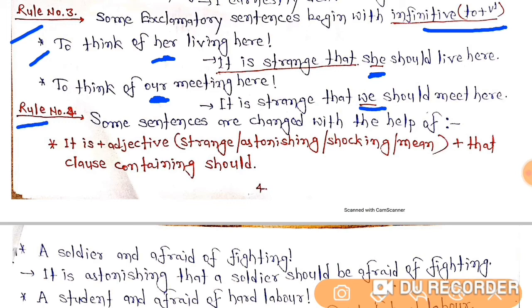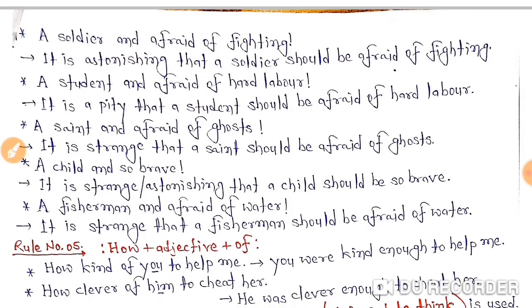Now rule number 4. Some sentences are changed with the help of it is plus adjective, strange, astonishing, shocking, mean, plus that clause containing should, right? Let's see. A soldier, and afraid of fighting. It is astonishing, it is shocking that a soldier should be afraid of fighting, right?